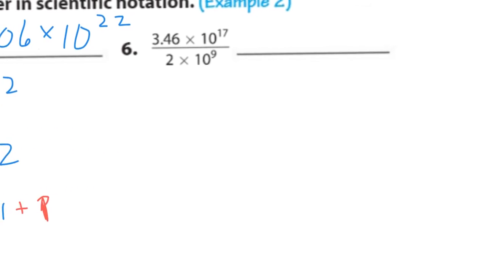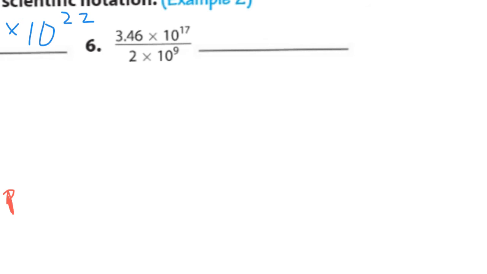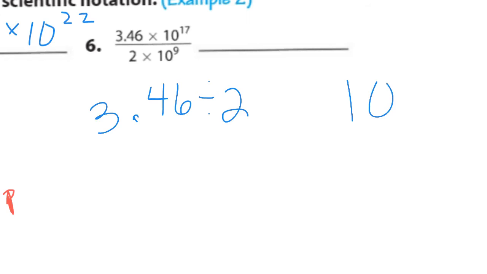Let's move these over. This one is division. So I'm going to take 3 and 4600ths and divide it by 2. And then 10 to the 17th minus 9, because I subtract my exponents.